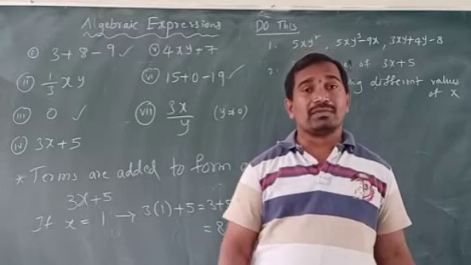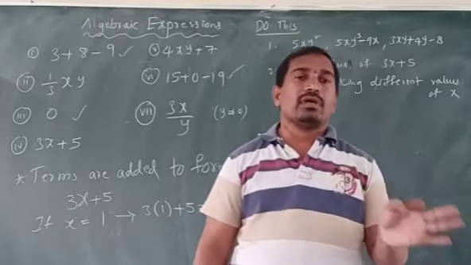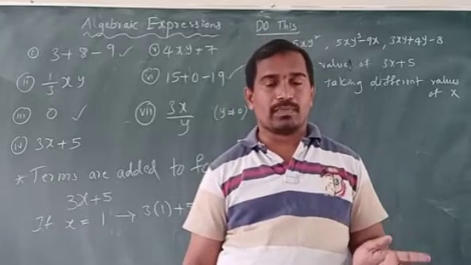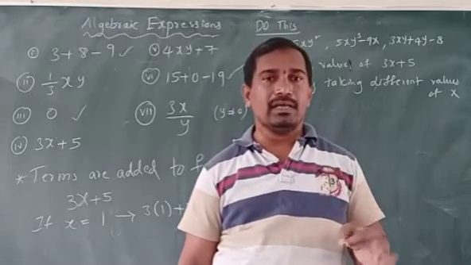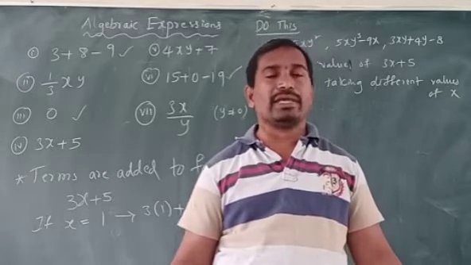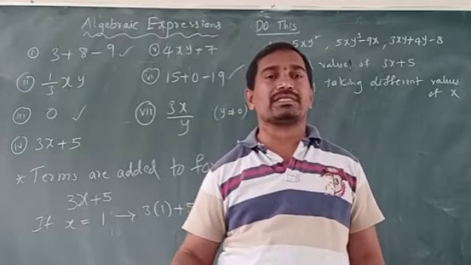So what is meant by term? Term means the product of a constant and a variable is called a term. Tell me one constant, any numeral, negative or positive: 2. Tell me one variable: x.